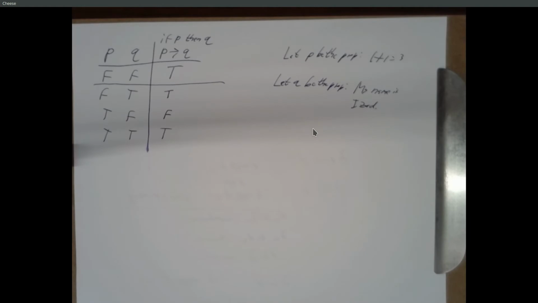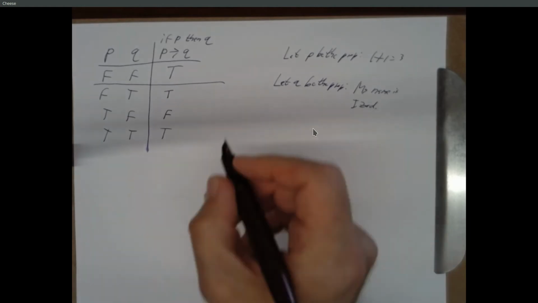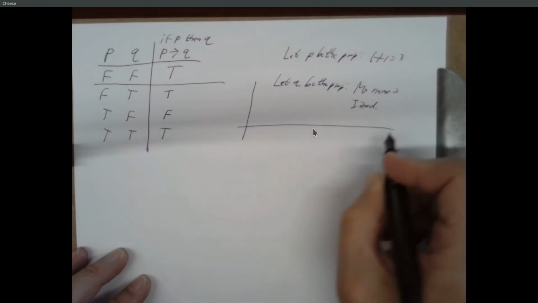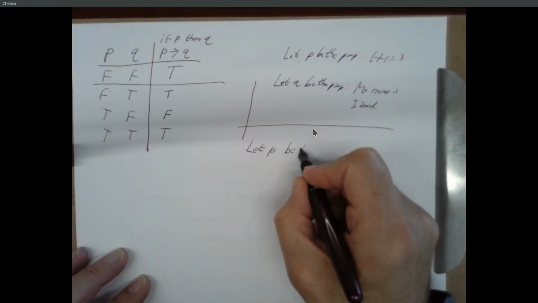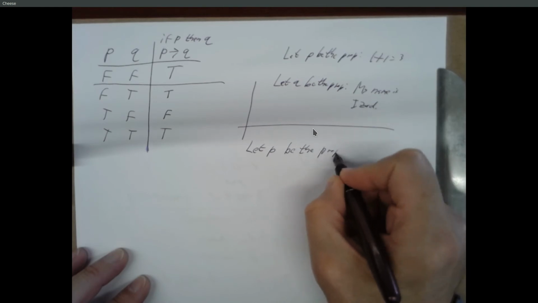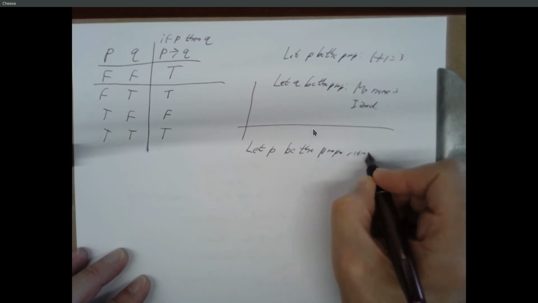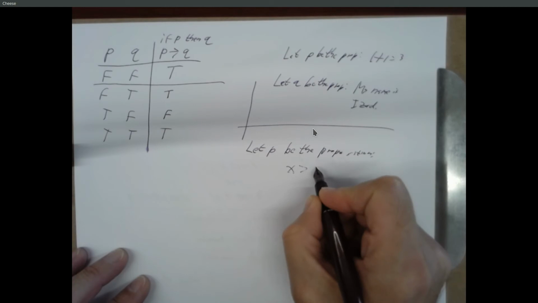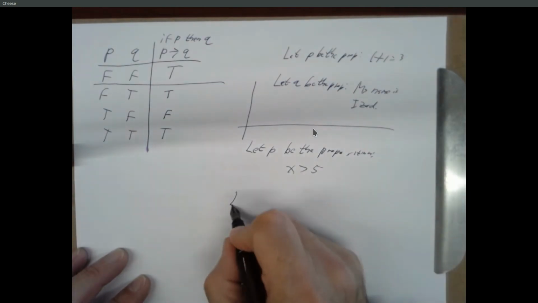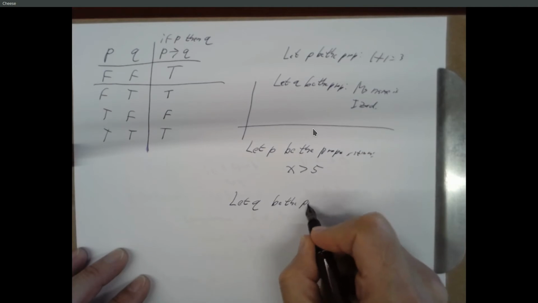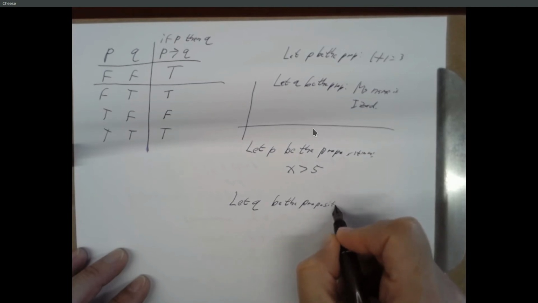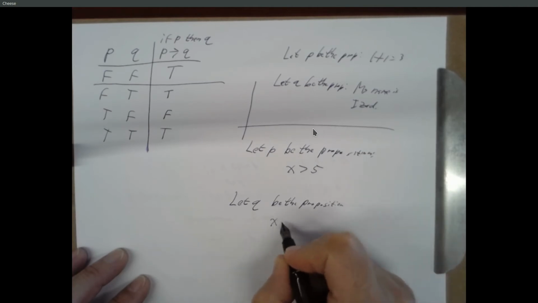So let me give you a different example of propositions that make this a little more palatable. So let P be the proposition x is bigger than 5. Let Q be the proposition x is bigger than 2.